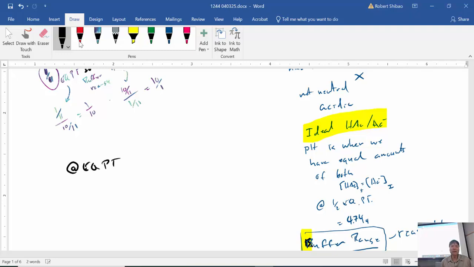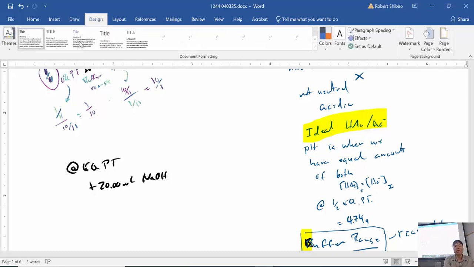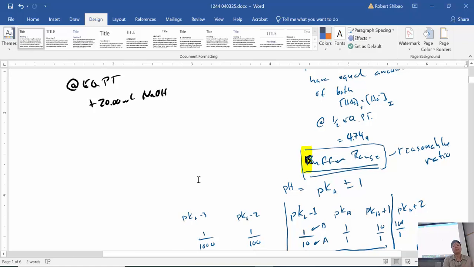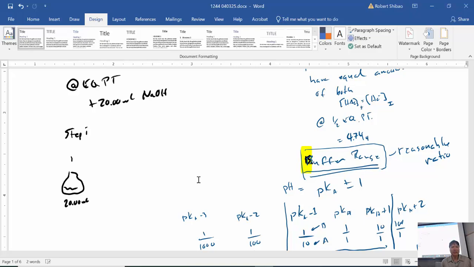At the equivalence point, this is going to be plus 20.00 milliliters of sodium hydroxide solution. That'll neutralize my 20 milliliters of acid because they're the same concentration. And so here I do my step I, which is I'll just take my 20.00 milliliters of acid and add 20 milliliters of base to it.